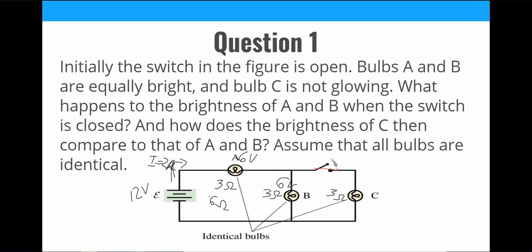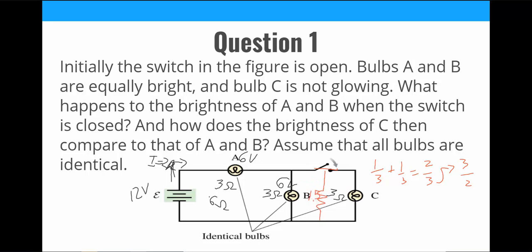Does that make sense? In order to pretend this is one resistor, we have to add them like they're in parallel. So how do we add in parallel? Add by inverse, so you have 1 over 3 plus 1 over 3, which gives me 2 over 3. So I flip that over and I get 3 over 2, which is 1.5. So this whole thing acts like one resistor that's 1.5.